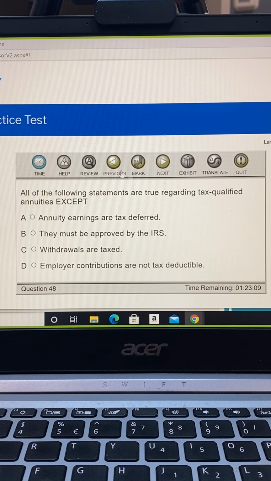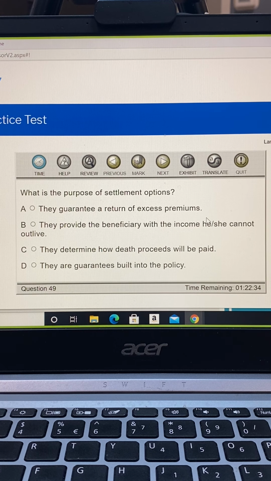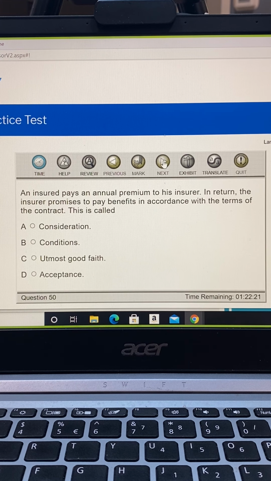What is the purpose of settlement options? B? No. C, exactly. Now, what am I thinking about with B? They provide the beneficiary with the income he or she cannot outlive. That would be a life income settlement option.